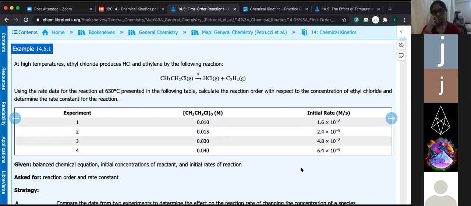No, it can be seen by observation that as you're increasing the concentration, the initial rate of the reaction is also increasing. Yes, but to get the order, you need to figure out how that dependency is. Yes, ma'am, rate of the reaction is directly proportional to the concentration of the reactant. Directly proportional, okay, but is it directly proportional to C or C square, C cube? What are you getting here?